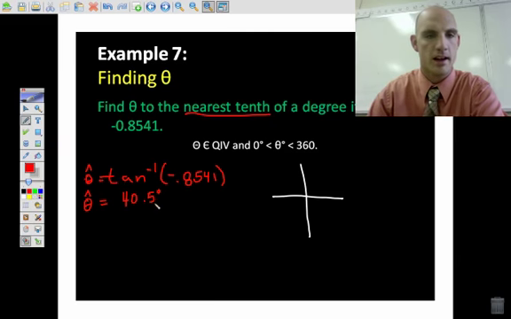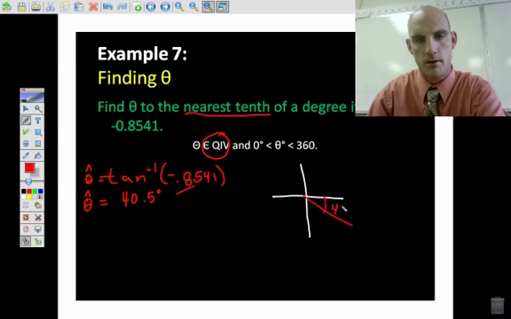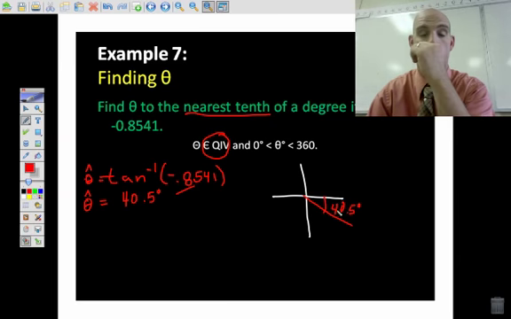Okay, so 40.5 is my reference angle, and we're noticing that we are in the fourth quadrant. So that's going to be here. That's my 40.5 degrees there.